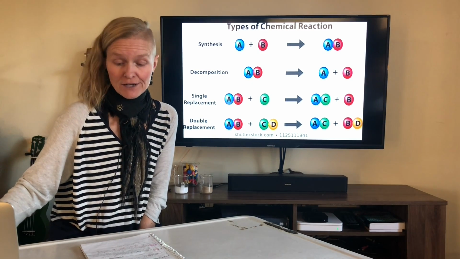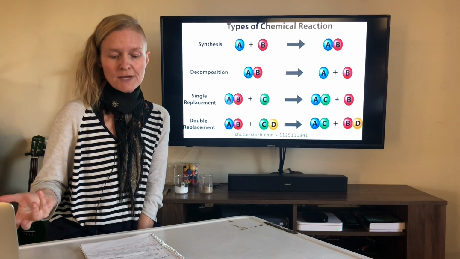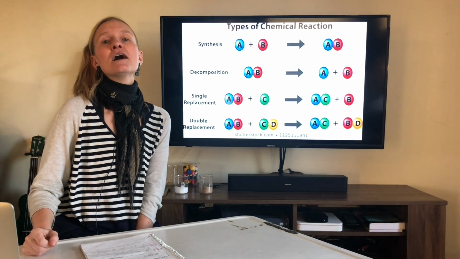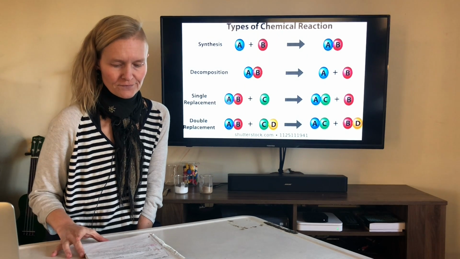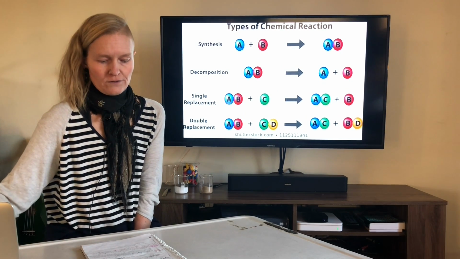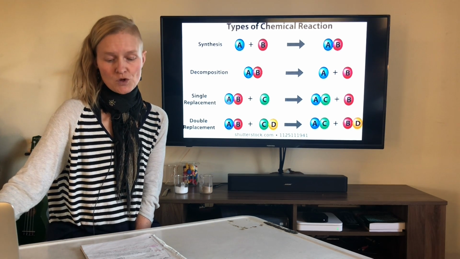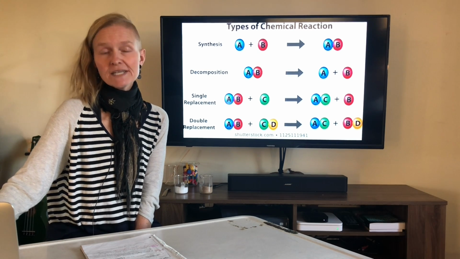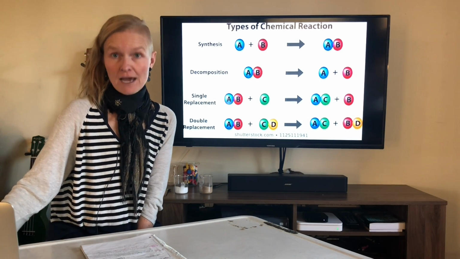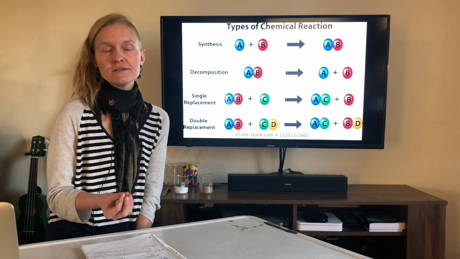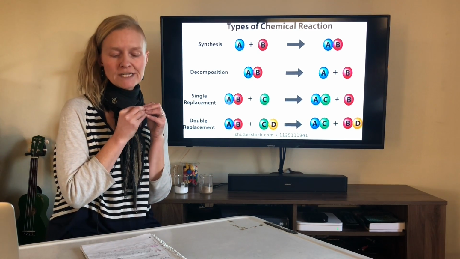Reactions can be very violent and explosive, such as when sodium and chlorine combine to form table salt. And there's a lot of heat that is produced as well. So let's say you had 2 atoms of sodium combining with Cl2, which we saw is 2 covalently bonded Cl or chlorine atoms.